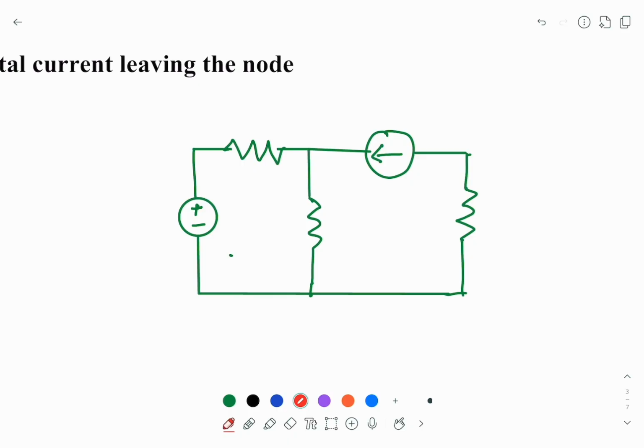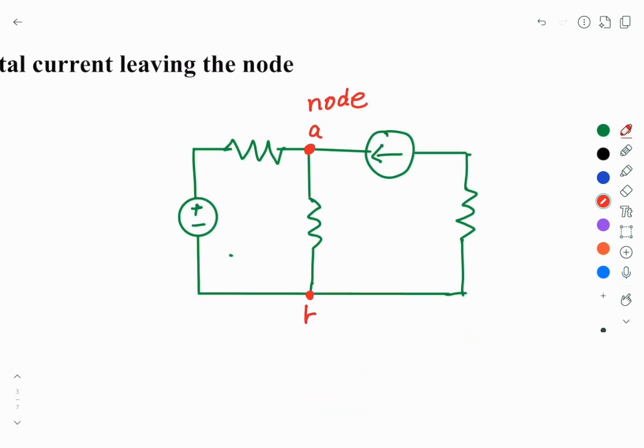In this circuit, we can first identify some junctions, say this point and this point. In circuit analysis, we call this a node, N-O-D-E. So in this circuit, we can identify there's node 1, and this is another node, 2.